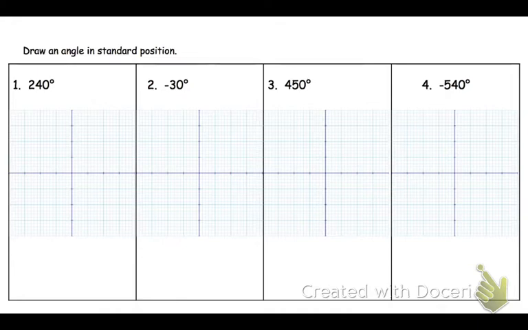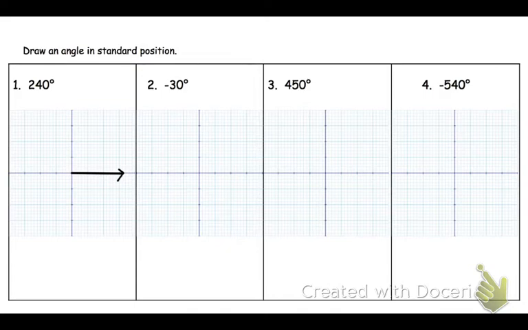Here's some practice drawing an angle in standard position. So remember, in standard position, that means my positive x-axis is going to have my initial side.